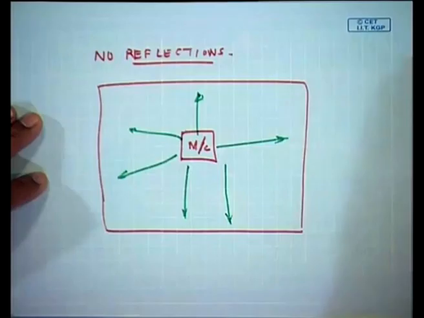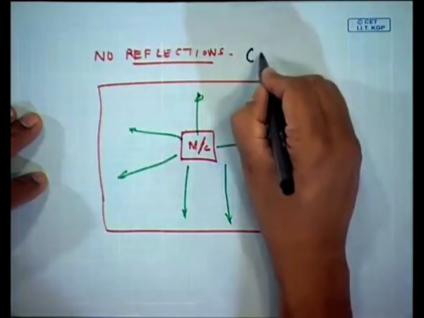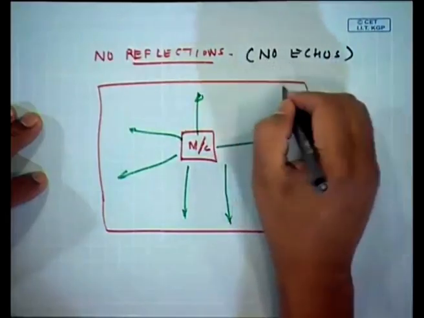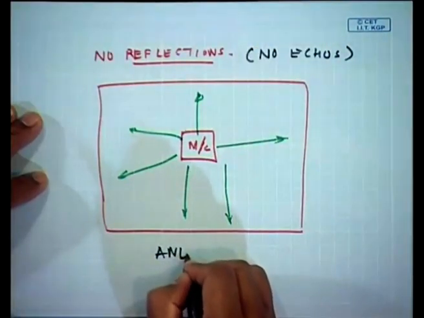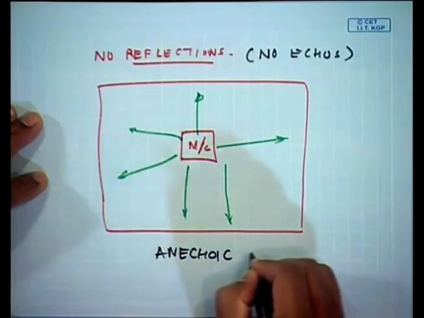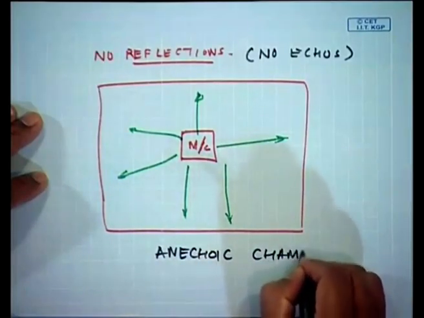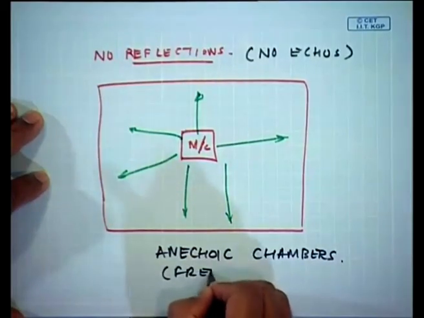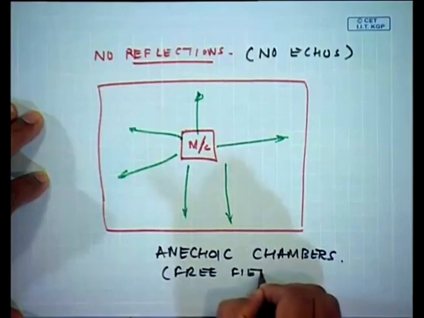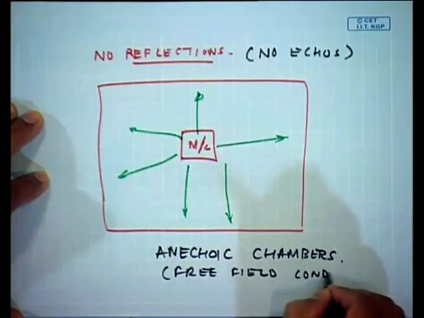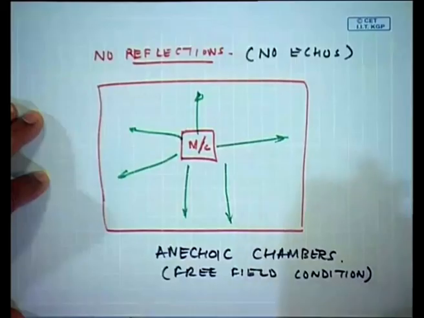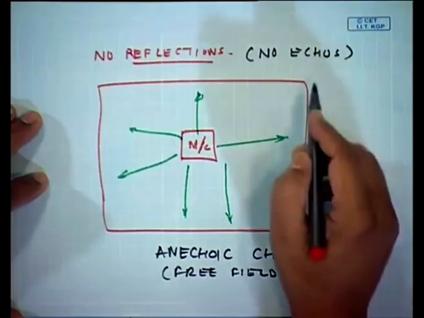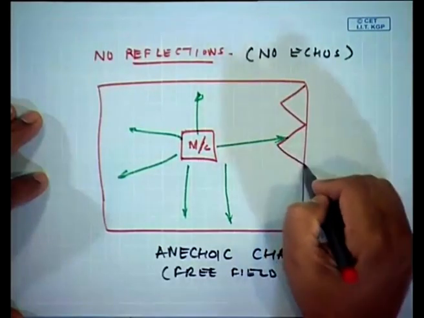Such rooms with no echoes are known as anechoic chambers, wherein free field condition exists. There are special chambers which have wedges like this all around them.